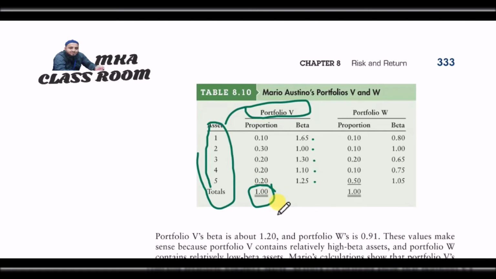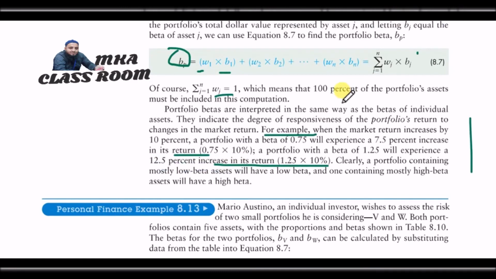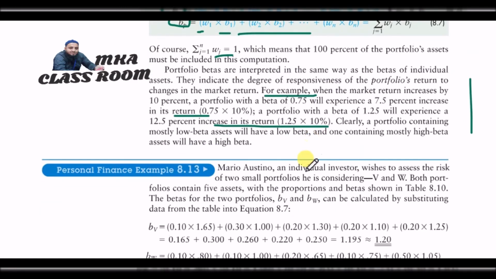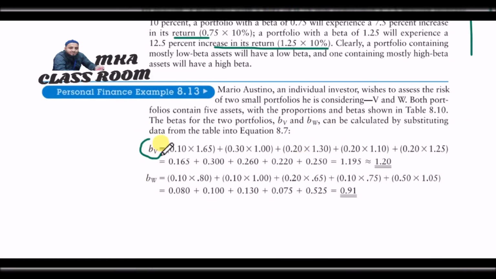Then portfolio beta should be 0.10 into 1.65 plus 0.30 into 1, 0.20 into 1.30 plus and so on. In this way we can calculate the portfolio beta. Here is the formula. For portfolio V, 0.10 into 1.65 plus 0.30 into 1.